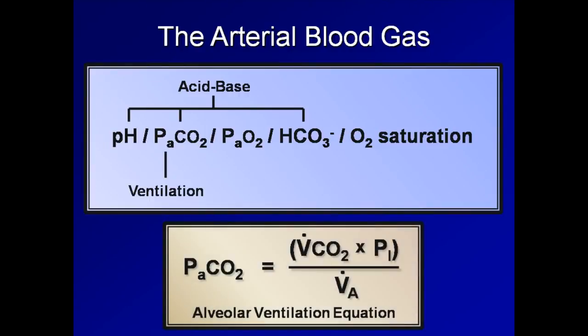It does this through the alveolar ventilation equation that states the partial pressure of CO2 in arterial blood is equal to the product of the rate of systemic CO2 production and pressure of inspired air divided by alveolar ventilation. Therefore, if the PaCO2 can be measured, the systemic CO2 production is usually assumed based on the situation, and pressure of inspired air is also known, then alveolar ventilation can be calculated.